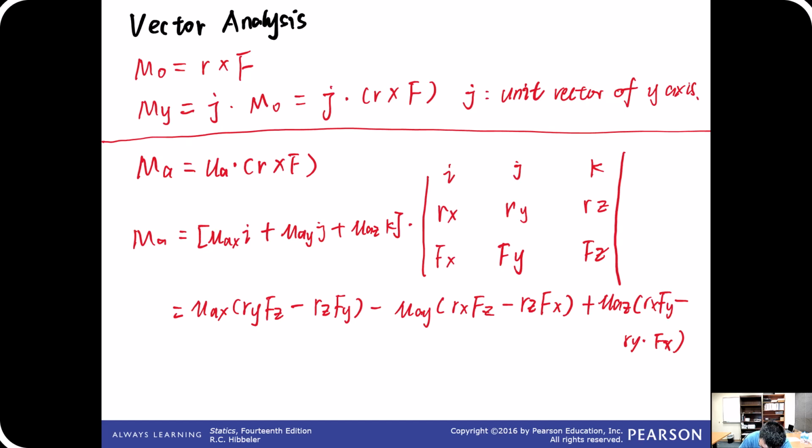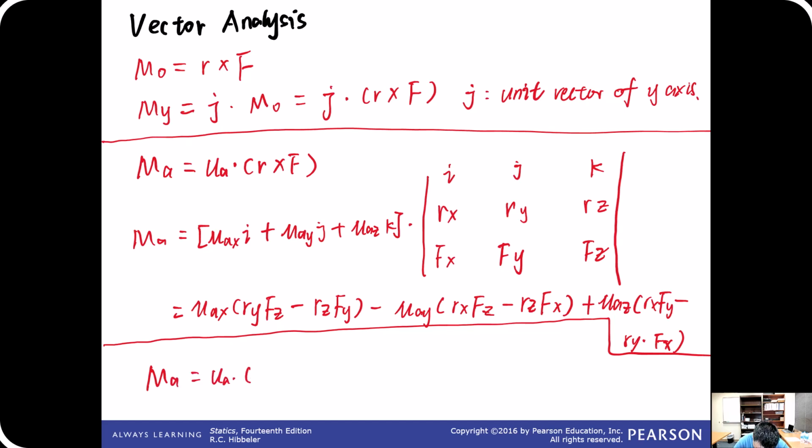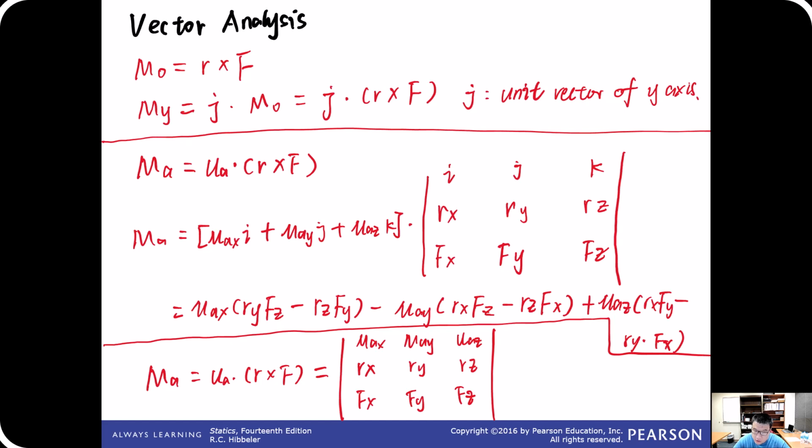And we can also write this equation in the form of a determinant. So Ma equals ua dot R cross F, which becomes the determinant with rows uax, uay, uaz; rx, ry, rz; and fx, fy, fz.